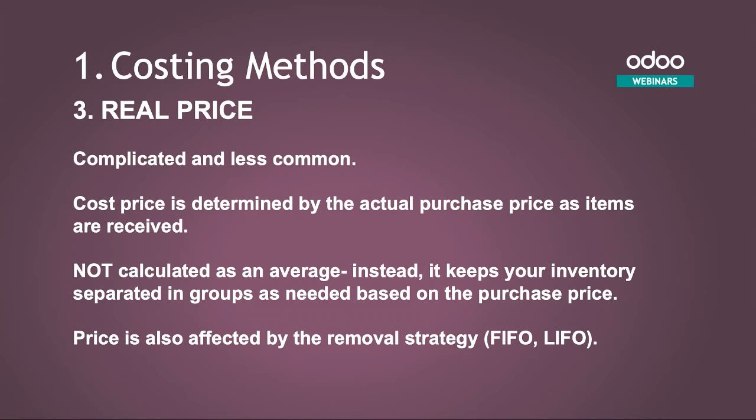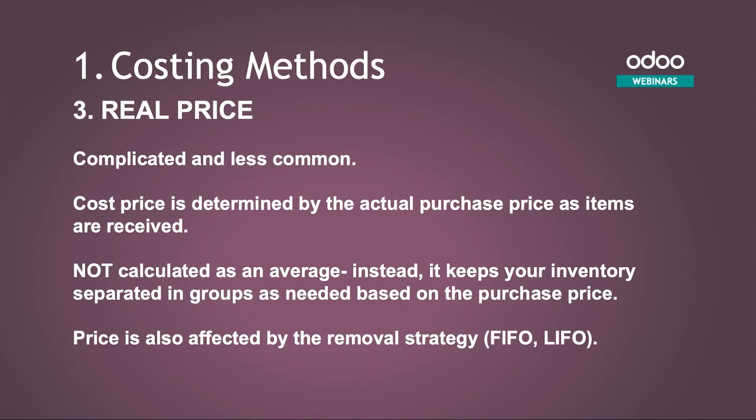And it's determined by your exit method, removal strategy in your inventory. So some people use first in, first out. Some people use last in, first out. And those are the two options that Odoo will give you. But based upon how you pick the removal strategy is how the valuation will show you the value.